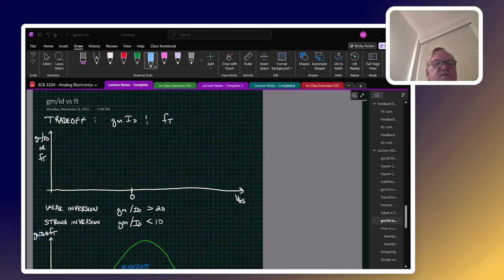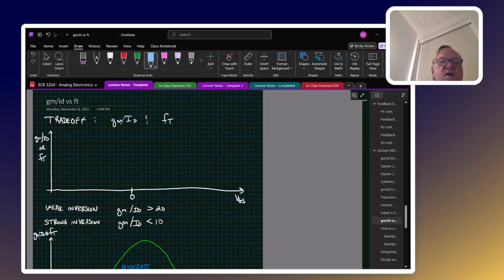Okay, so now let's look at some trade-offs. Let's look at GM over ID and FT versus VGS. So we're going to see what happens as we start to overdrive the device more. We know that in weak inversion, the device has a big GM over ID, and in strong inversion, it has a small GM over ID.